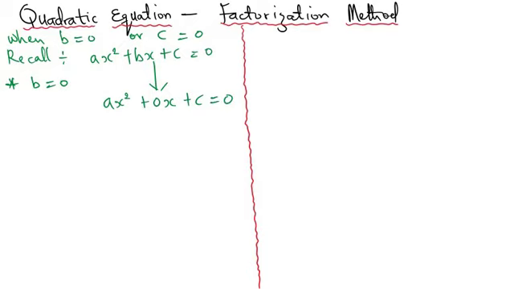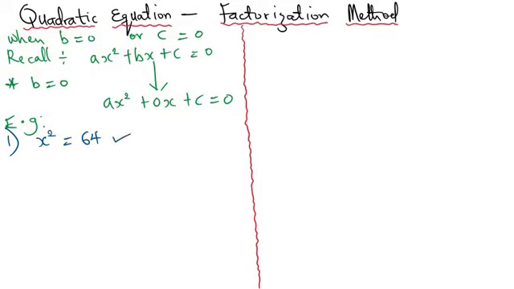Let's have our first example. Example 1, we'll have x squared equal to 64. Solving a quadratic equation, we have to equate this equation to 0.